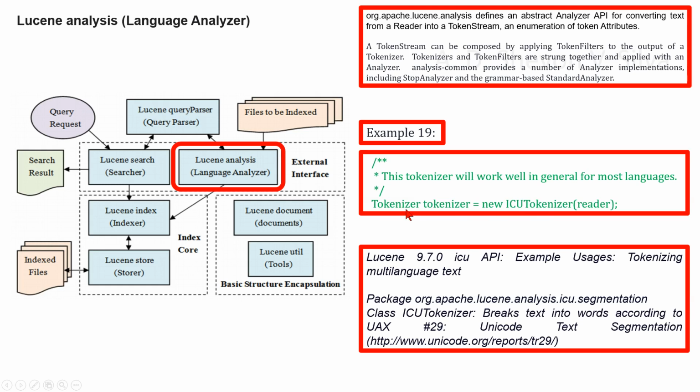Here the class ICUTokenizer in package org.apache.lucene.analysis.icu.segmentation breaks text into words according to UAX #29, Unicode text segmentation. This will work well in general for most languages.